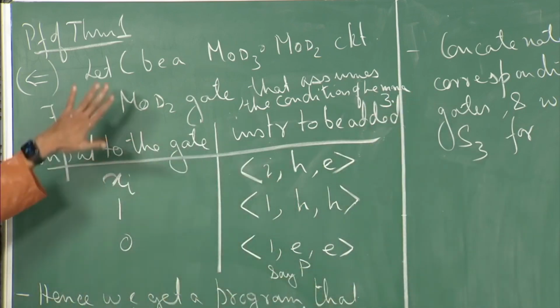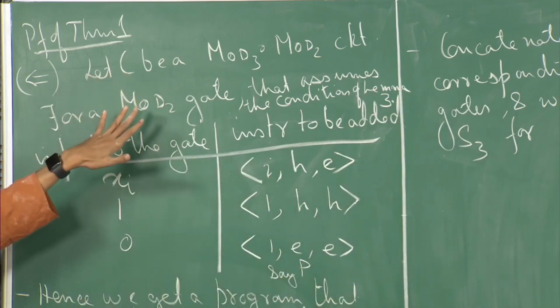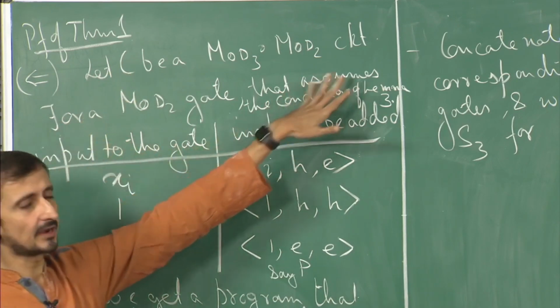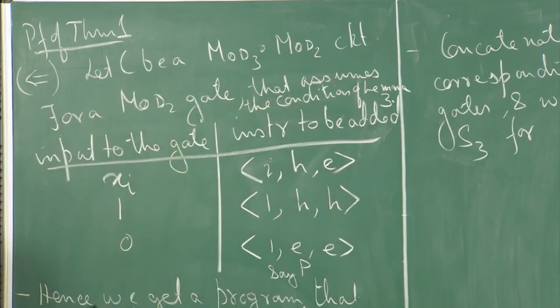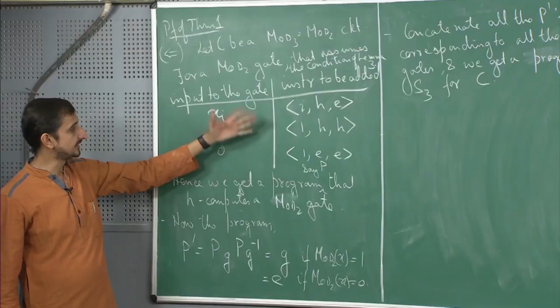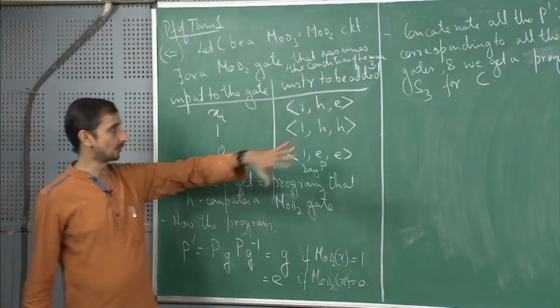So this circuit C that we have is assuming the condition of lemma 3, that is, the number of mod 2 gates that evaluate to 1 is congruent to 0 or 1.